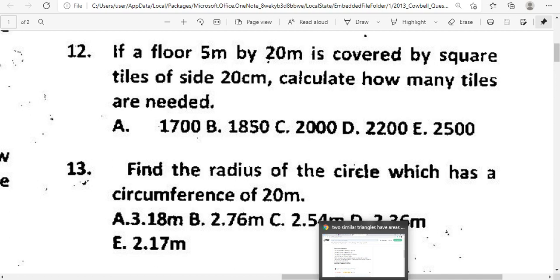Prof, how should I solve it? Area of the floor?